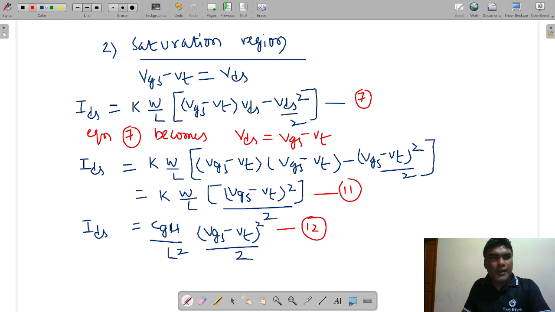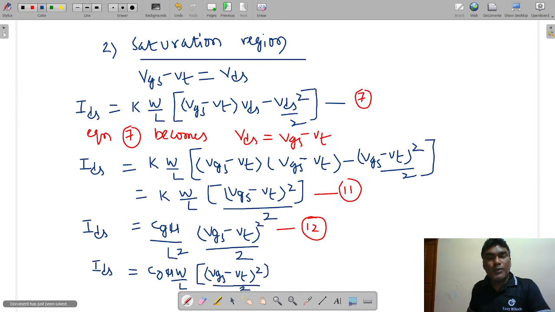Now the final equation, in capacitance per unit area, the IDS equation: IDS is equal to C0 into mu W by L, VGS minus VT whole square by 2.